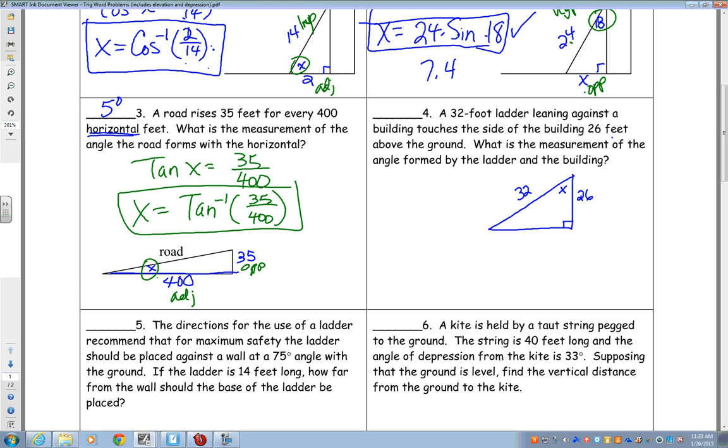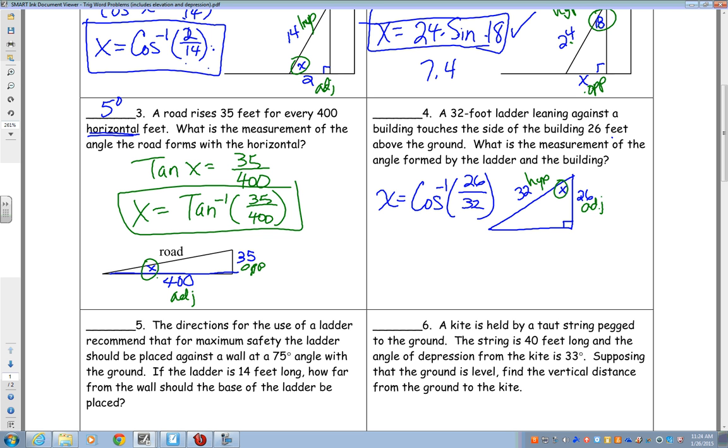So if we're trying to find the angle, we have the adjacent and the hypotenuse. It is cosine, but what are we going to have to do to find the angle? The inverse, yep. So I'm going to go ahead and show it. X is equal to the cosine inverse of 26 over 32.